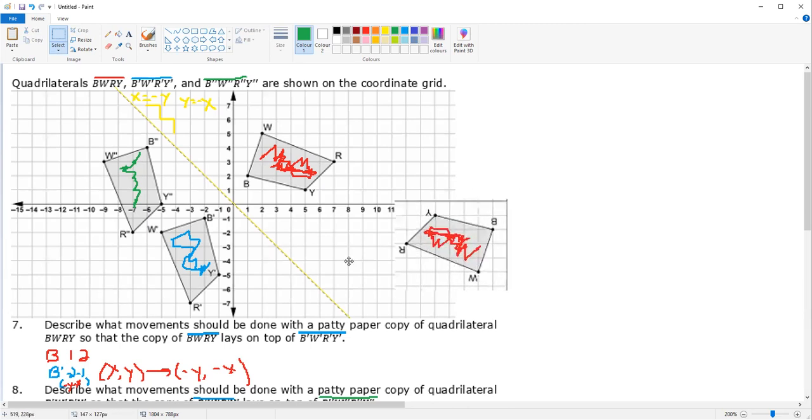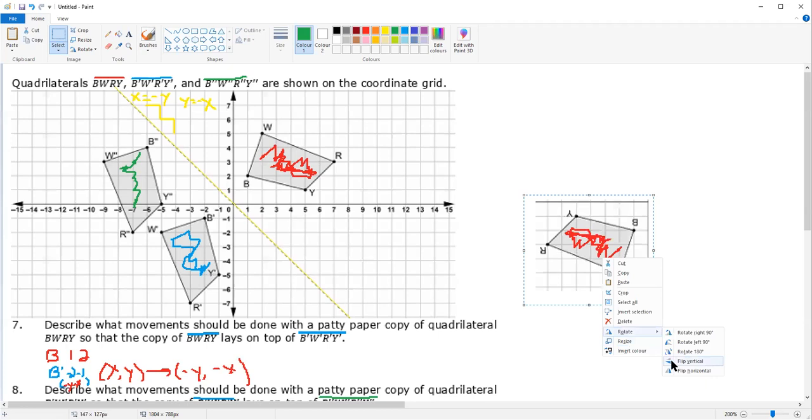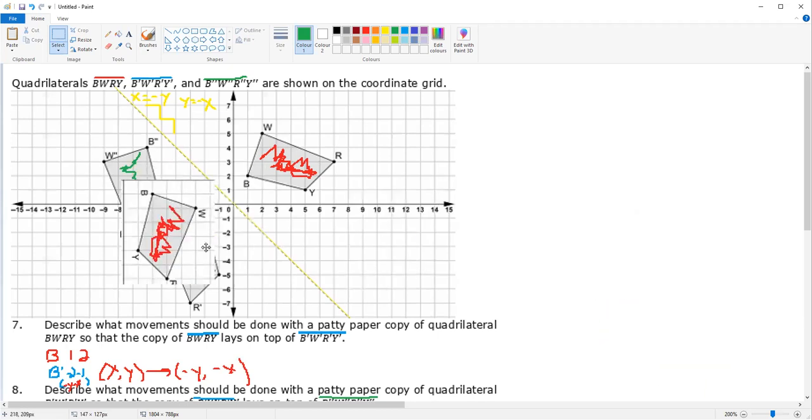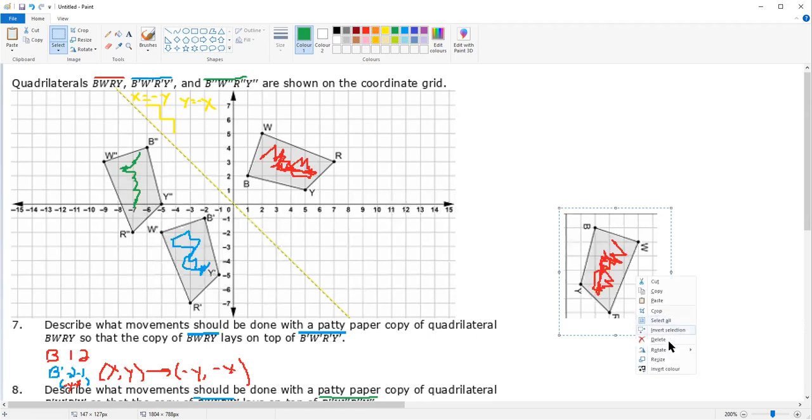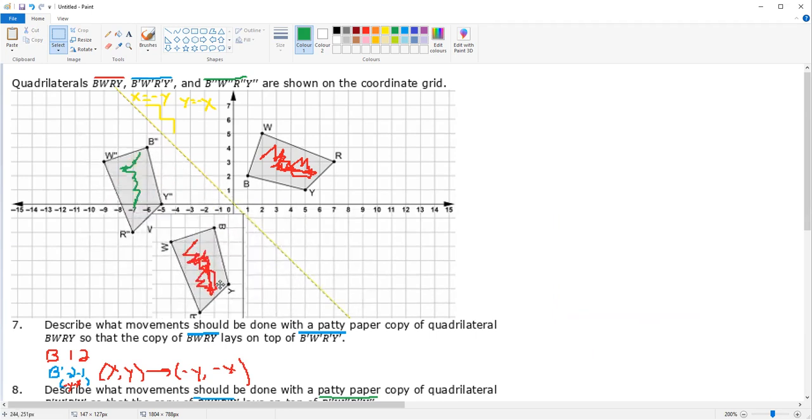That didn't work. Maybe if I flipped it and rotated it like that, and flip it again. There we go.